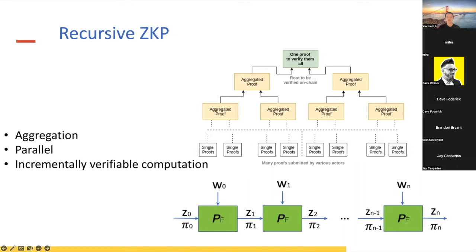Instead of having, let's say, 8 transactions you submit to the chain, you can aggregate all of them into one single proof. And this one single proof is pretty much like a compression of all the proofs aggregated. So if this proof is good at the top, all the transactions in the leaves are good. So you can see this is very important in the blockchain space, right?